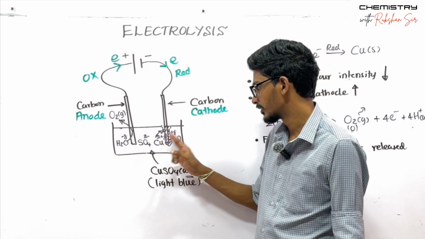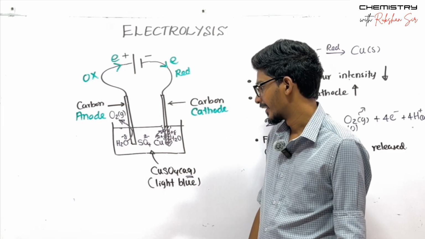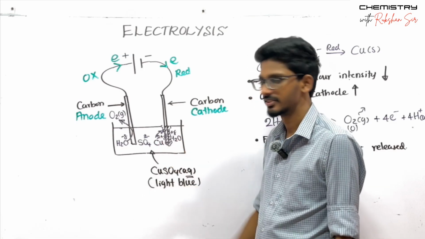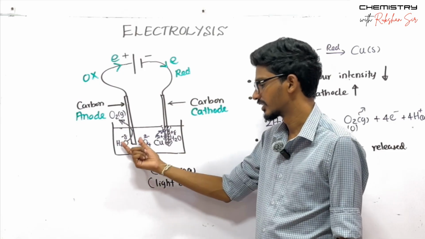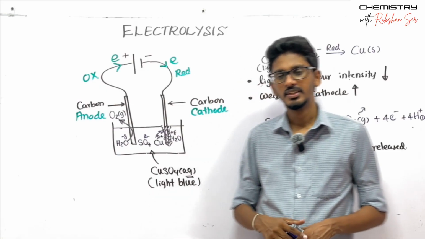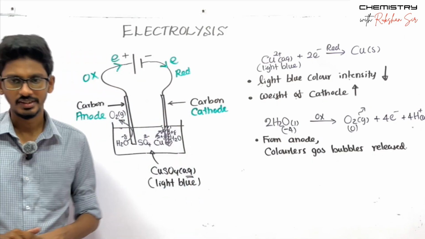You see copper 2+ as well as water both came towards the cathode. And our task here is to learn what will react first at the cathode and what will react first at the anode. Those are the things we are going to study now. Right? Okay, clear?